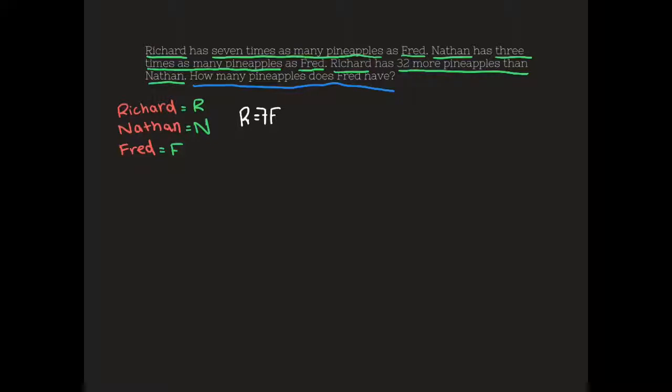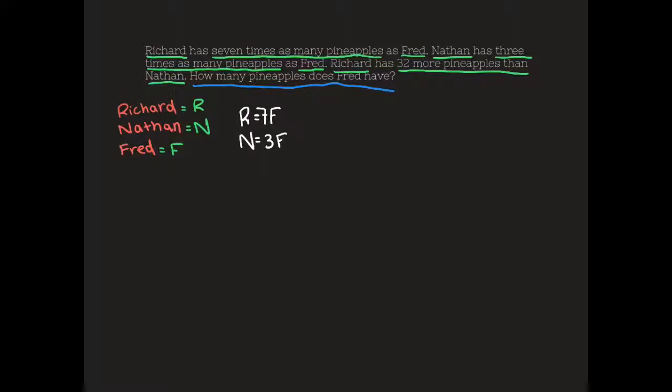Our next equation is Nathan has 3 times as many pineapples as Fred, so N equals 3F. The reason it's written like this is because Nathan has 3 times the amount that Fred has. That will be our second equation.